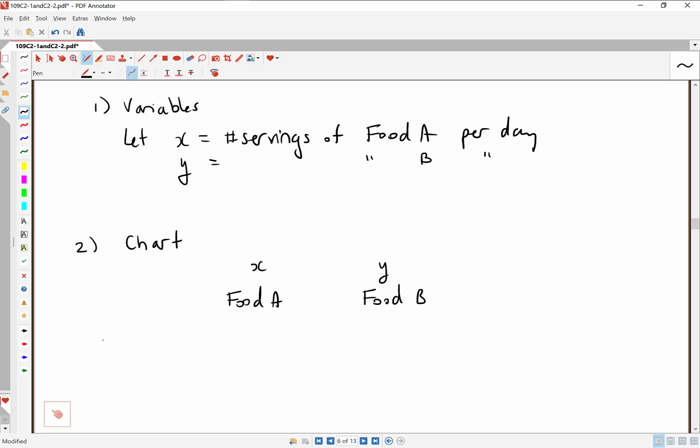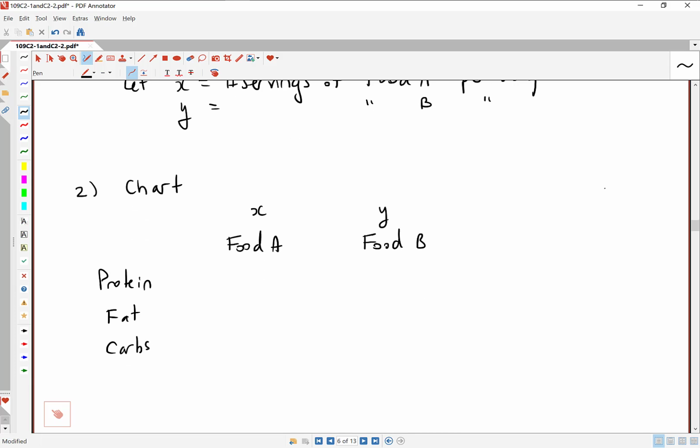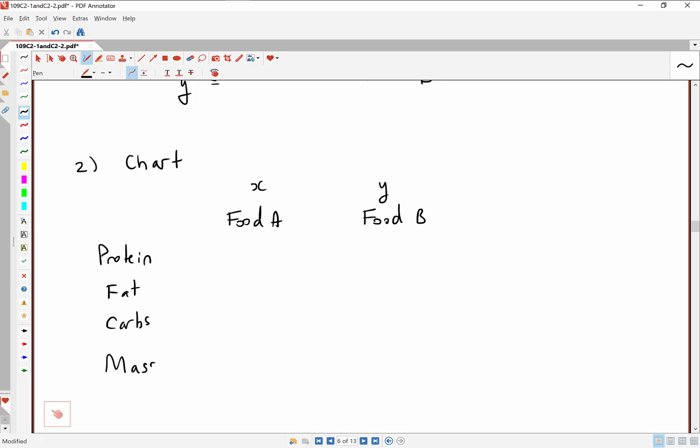So remember the restrictions were things like protein, fat, carbs, and we were also told the mass of each serving of food. Okay, so protein, fat, and carbs, if you care about units, those are measured in grams, whereas the mass of the actual food pack itself was in kilograms.